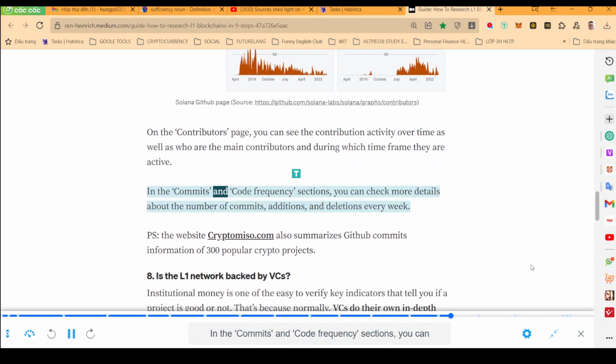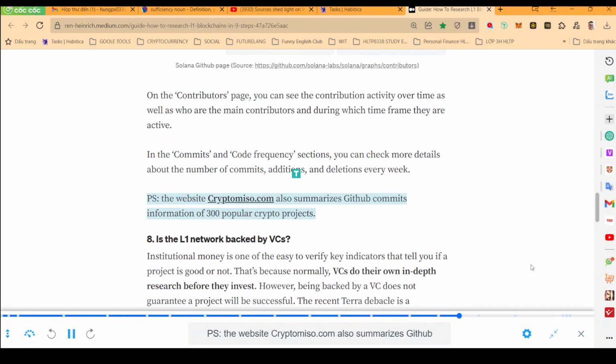In the Commits and Code Frequency sections you can check more details about the number of commits, additions and deletions every week. P.S. The website Cryptomiso.com also summarizes GitHub commits information of 300 popular crypto projects.